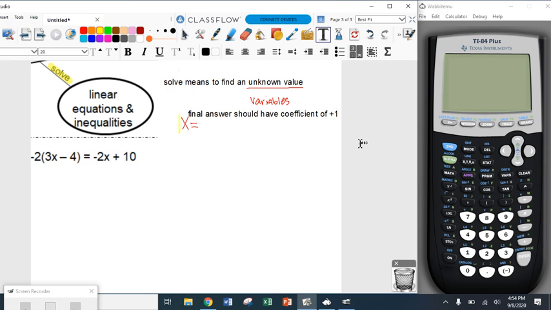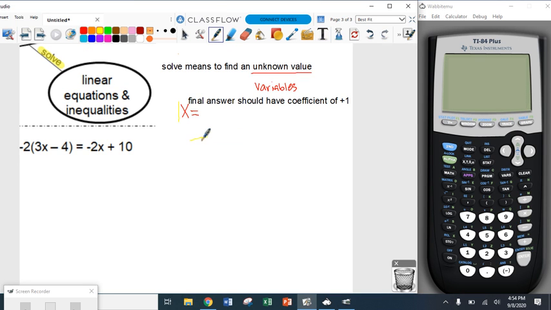Another thing I need to remember with solving equations is that we use inverse operations. What are inverse operations? The word inverse means opposite, and the word operation means anything we use in math.